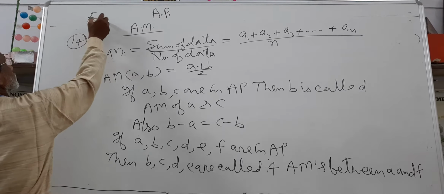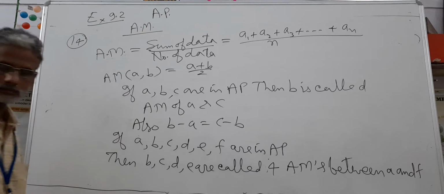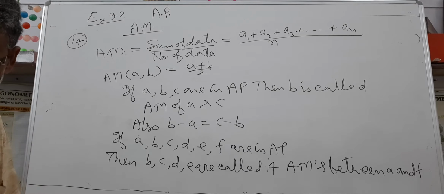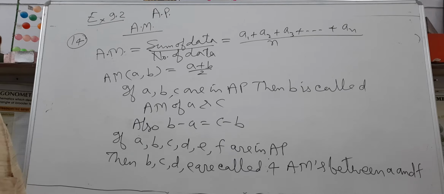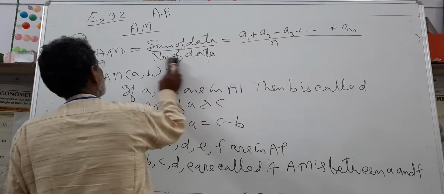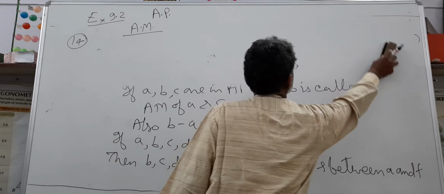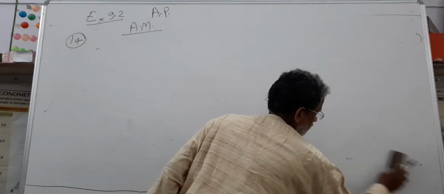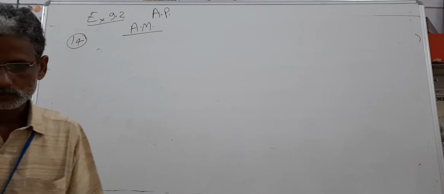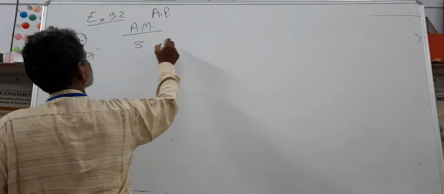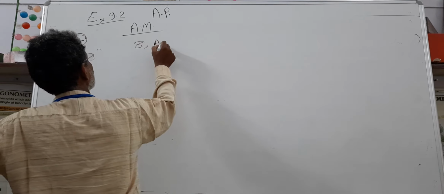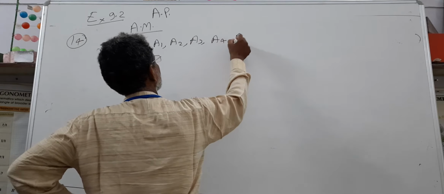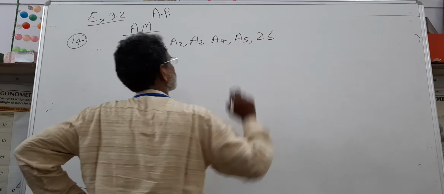You have two numbers, 8 and 26. You are required to insert 5 numbers A1, A2, A3, A4, A5 between 8 and 26.